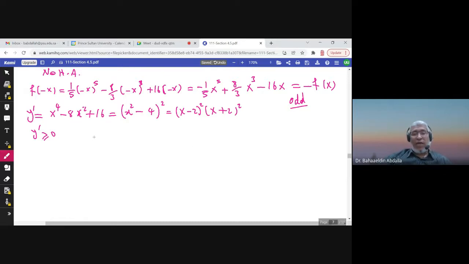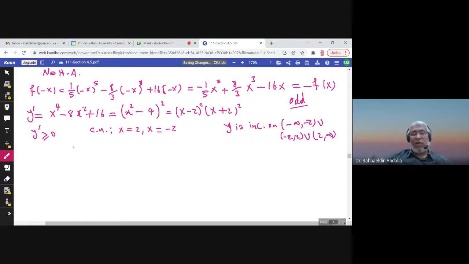So what are the critical numbers here? I have critical numbers at 2 and at negative 2, but y prime is always positive. So y is increasing on the interval from negative infinity to negative 2, union negative 2 to 2, union 2 to infinity.